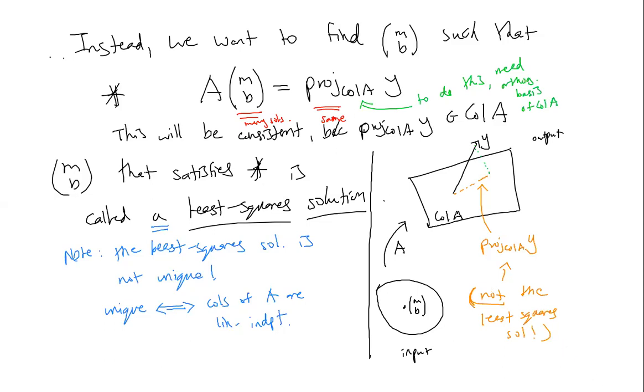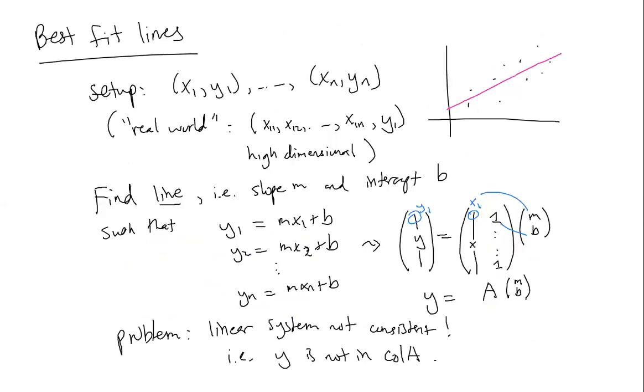Which means that if you define y1 hat to be m x1 plus b, yn hat to be m xn plus b, where m and b is found using least squares, then these are all going to be unique. Because these are the orthogonal projections.